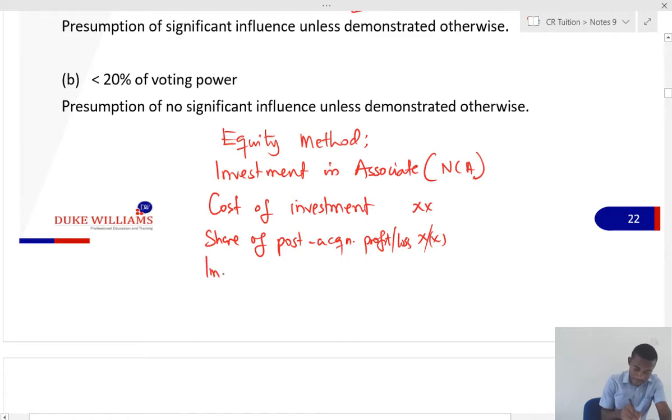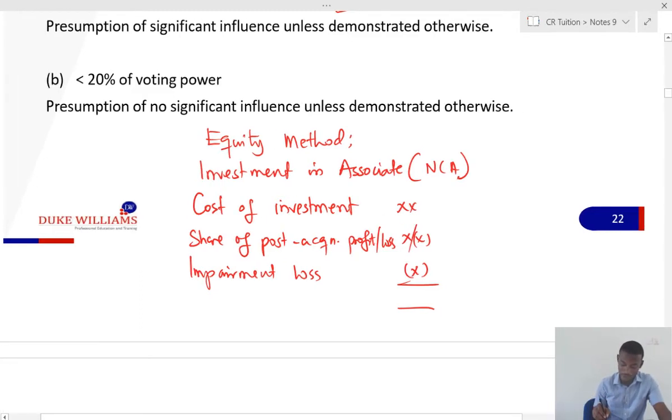And if there is any impairment loss in the associate, we deduct it. So this is just a simplified way of looking at the investment in associate, but it illustrates the point.